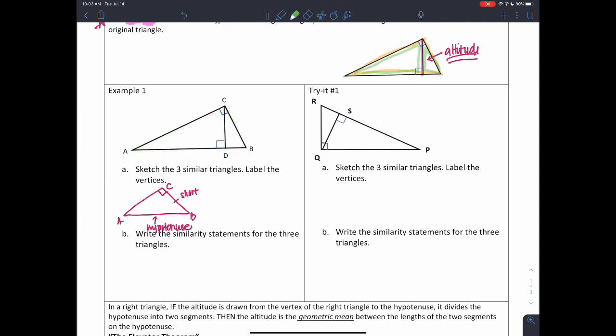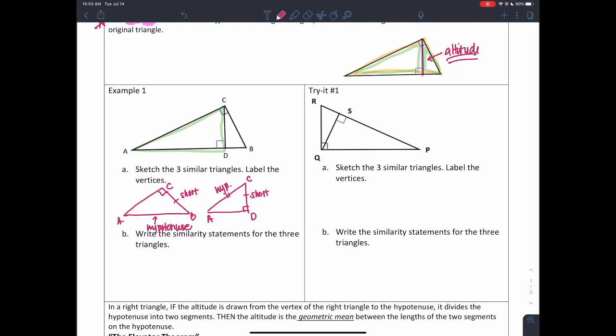So let's do our second triangle, which is ADC. So our right angle is D, C is here, and A is here. So here, CD will be our short side, and AC is our hypotenuse. So I'll abbreviate there.